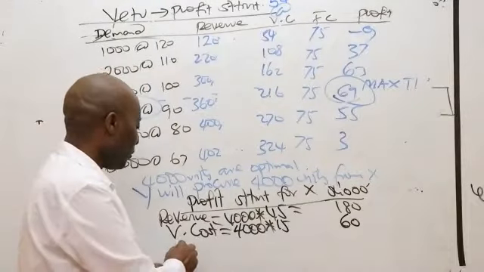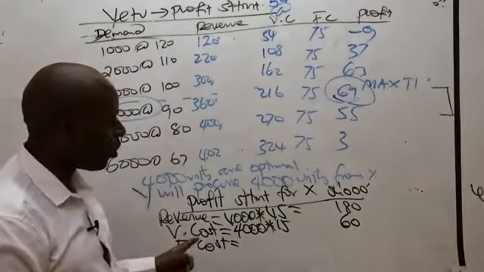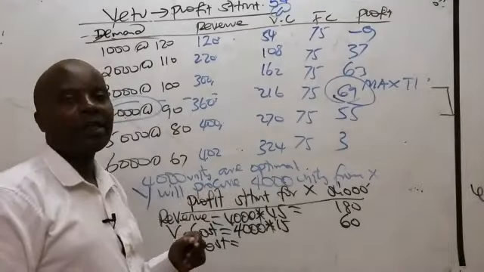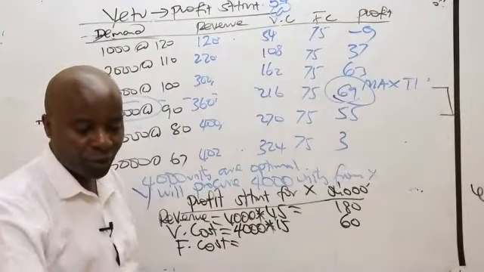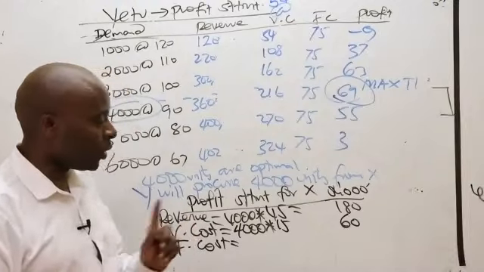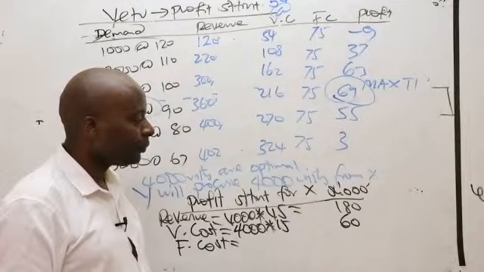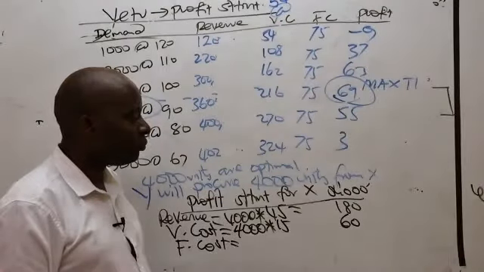And then, ladies and gentlemen, we have the fixed cost of X, which has been given there. I hope you're able to see the comments there. Fixed cost of X equals what here? Mercy is giving you 50.